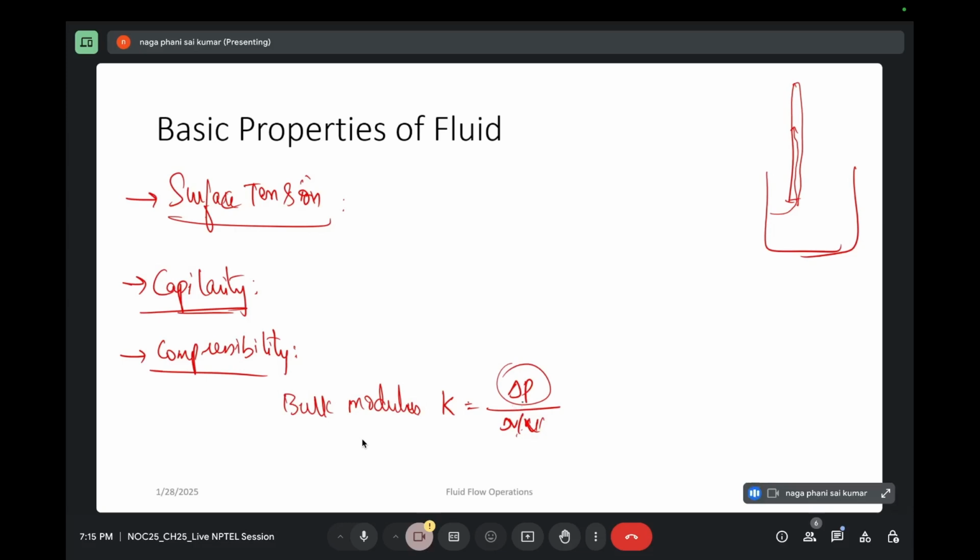That is how you will be calculating the compressibility, right? It is also written as minus V into dP by dV. And bulk modulus is also written as, compressibility is written as 1 by K.